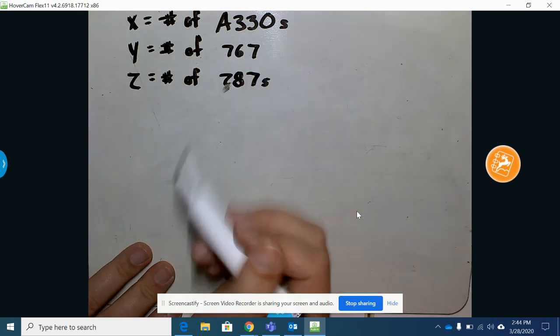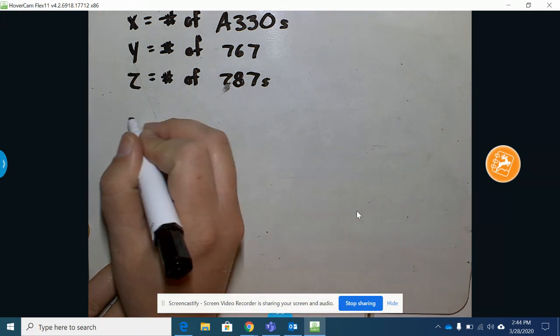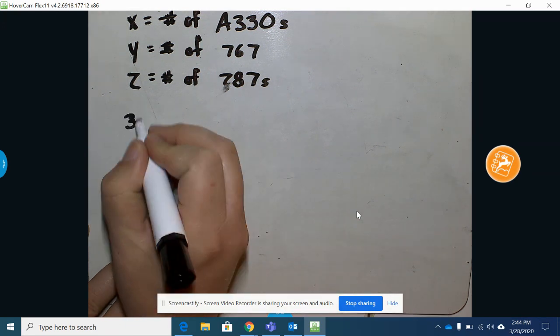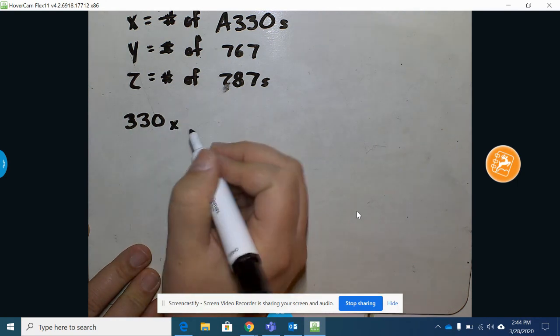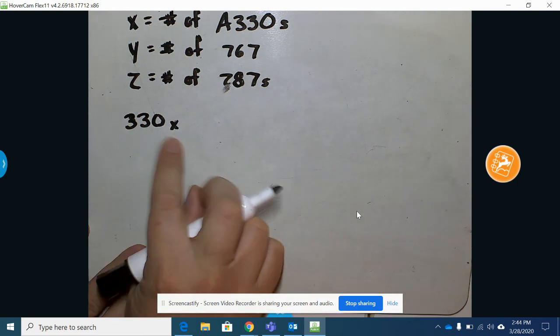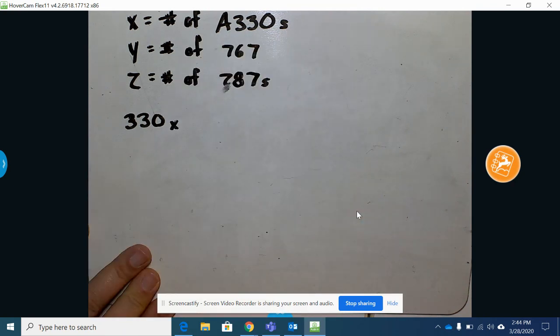The A330s hold 330 passengers each. So 330 times X would be 330 passengers times the number of A330s that we have.